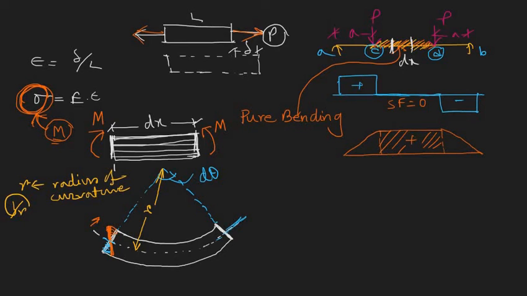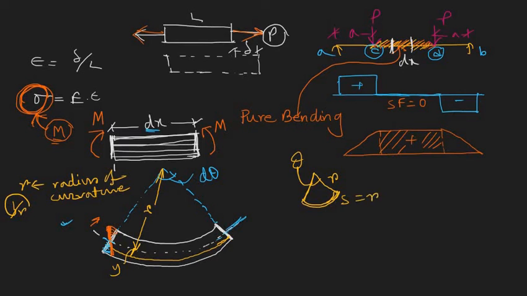Now again come back to this picture. Initially all the fibers had a length of dx. Now consider a fiber at a distance of y. If we have an arc with radius r and angle theta, what is the length of this arc?